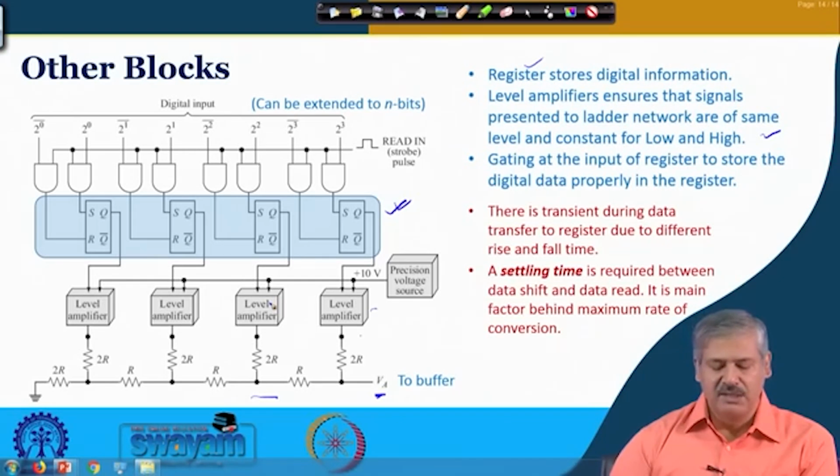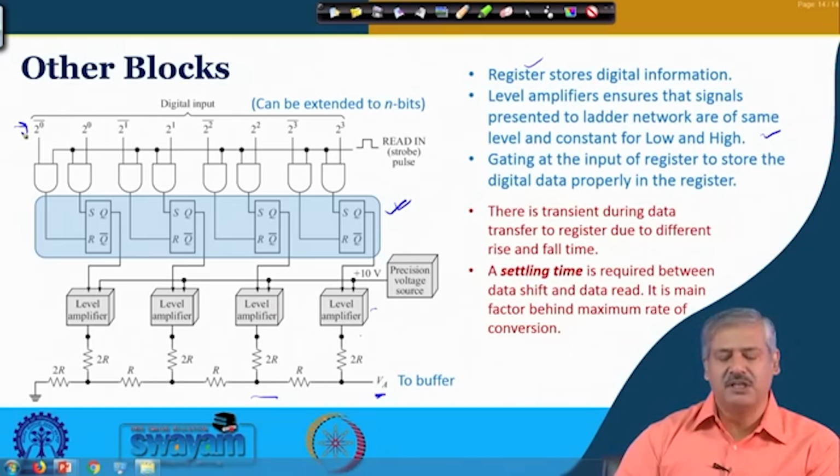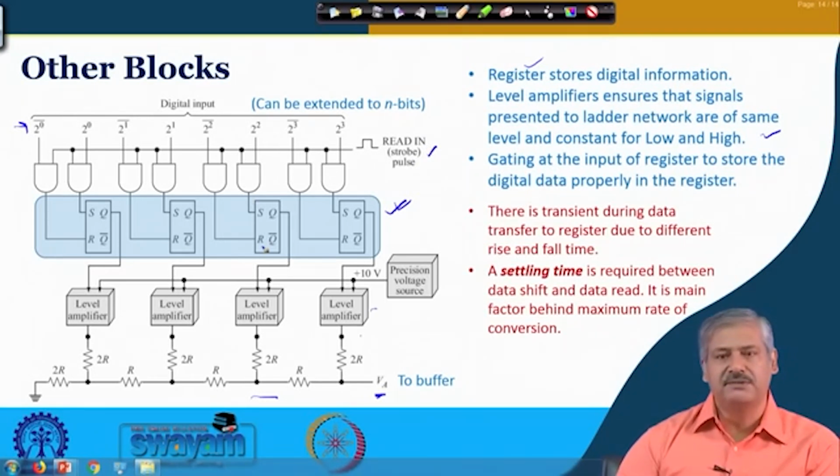Okay. Now, the digital data is coming over here, and this digital data is shifted, or read, when a particular strobe pulse is there, otherwise it will remain at 0. So, the value of this registered output will remain the same, it will not change.